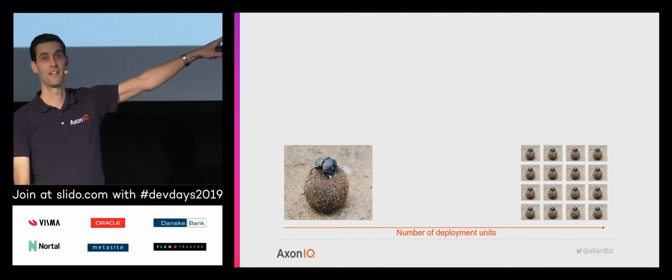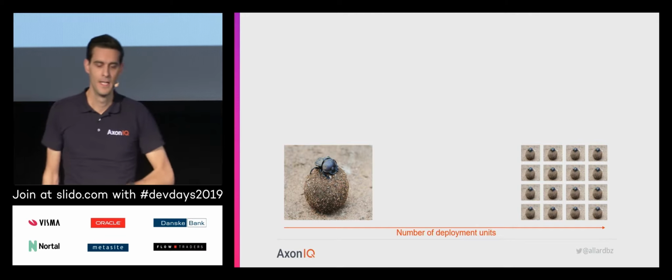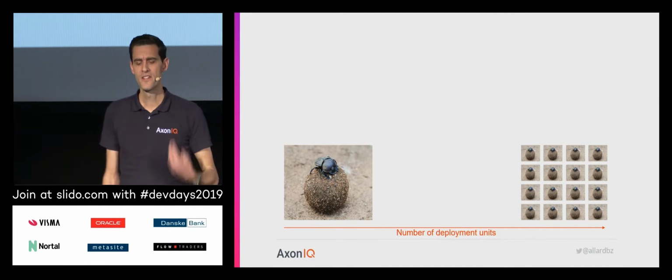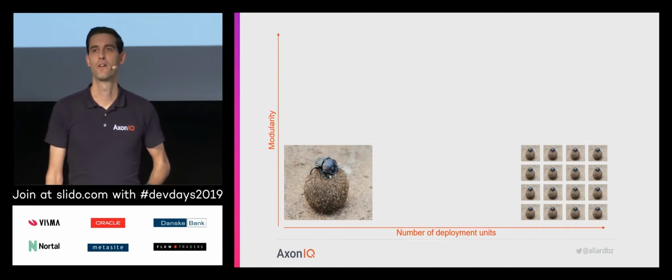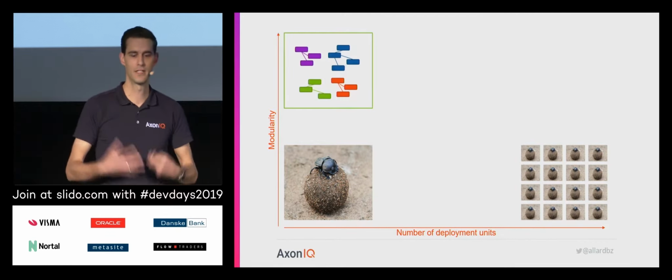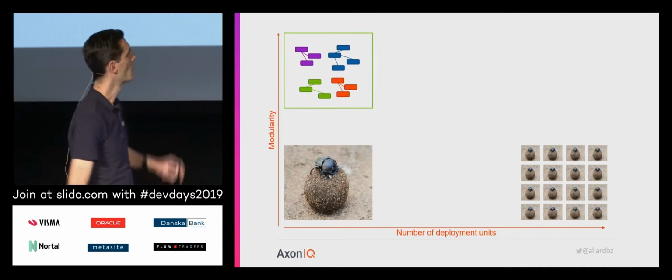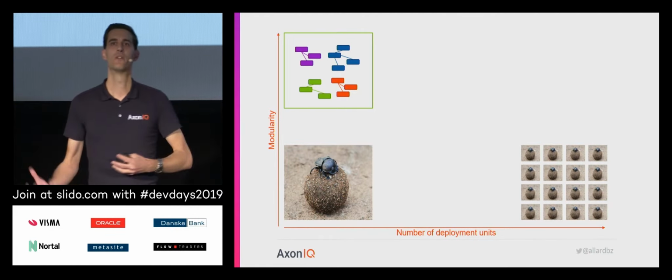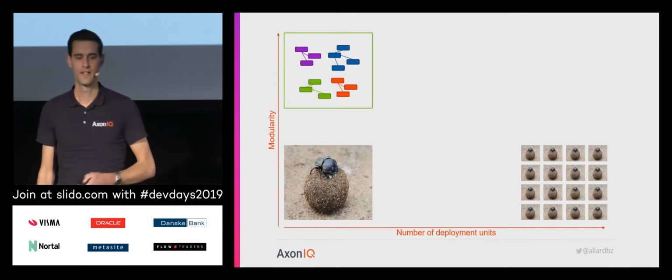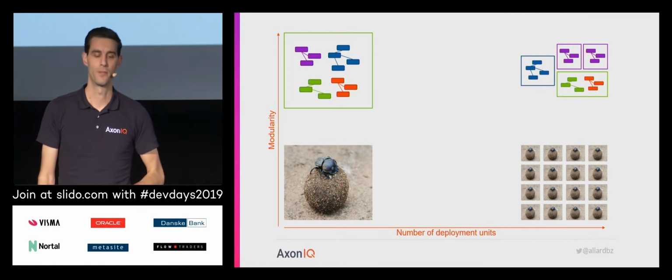Imagine the smell of that compared to this. So instead of that, what we need to do is focus on increasing the modularity first. We have to learn to build a nice modular system that has a very clear structure and organization to its classes and how they communicate. And then we can increase the number of deployment units.